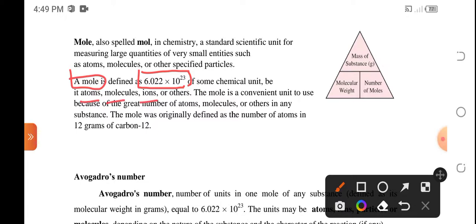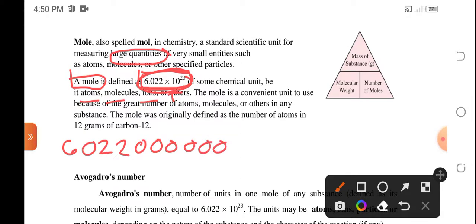Okay, so going back, the mole represents a very large quantity. So instead of writing this very large quantity, we are using mole. Because if you're going to expand this 6.022 times 10 raised to 23, that would be 6022 and then 20 zeros, because we already have 3 digits here.